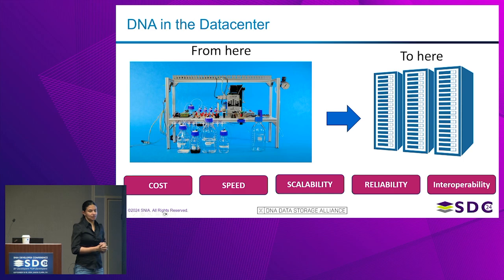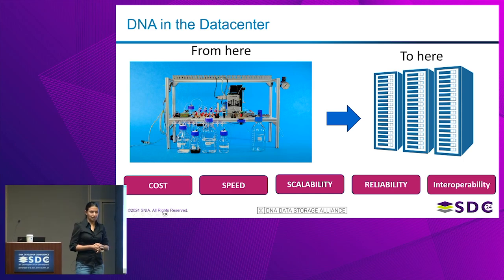While we make this transition, there are a couple of factors that have been of importance that the DNA Alliance is also working for. Of course, the read-write costs, but also scalability, speed, reliability of the data that is actually stored and retrieved, and the interoperability, which also implies that it should be integrated with the automation as we scale and put them in data centers.